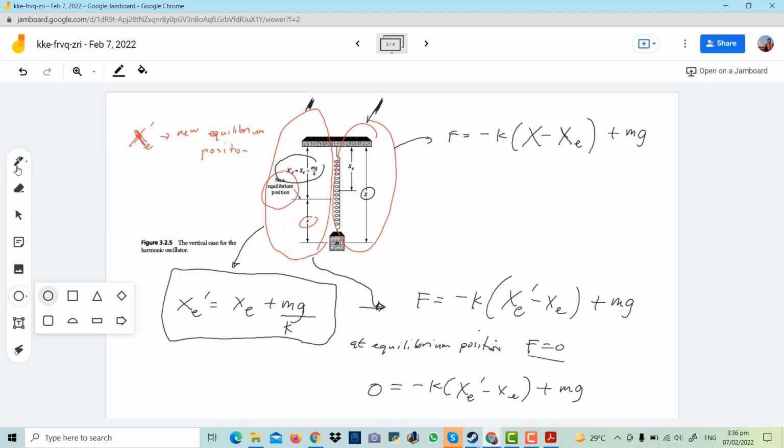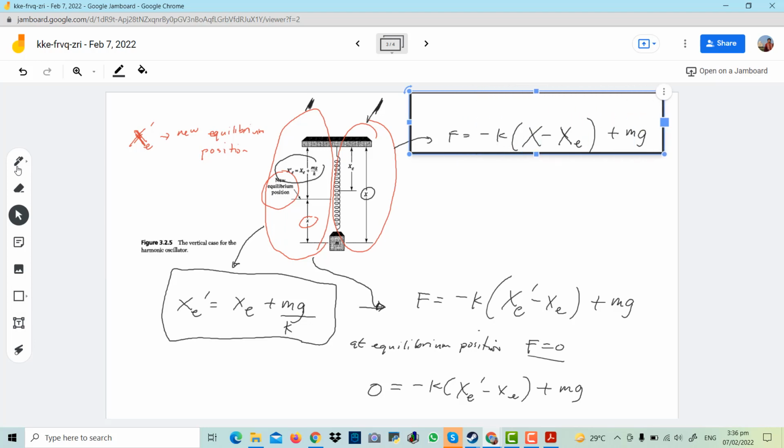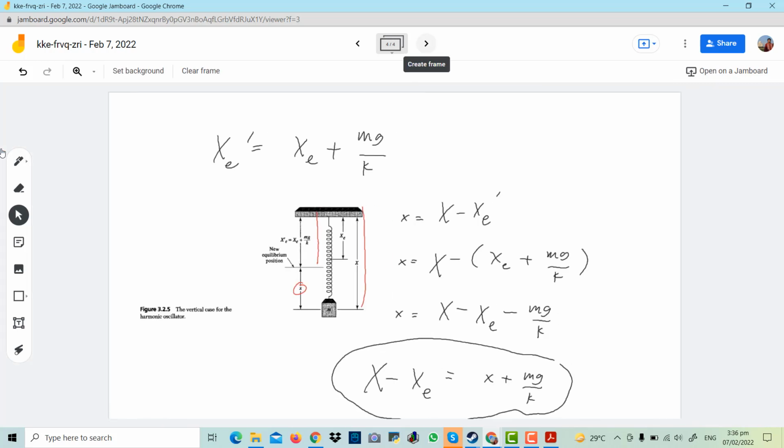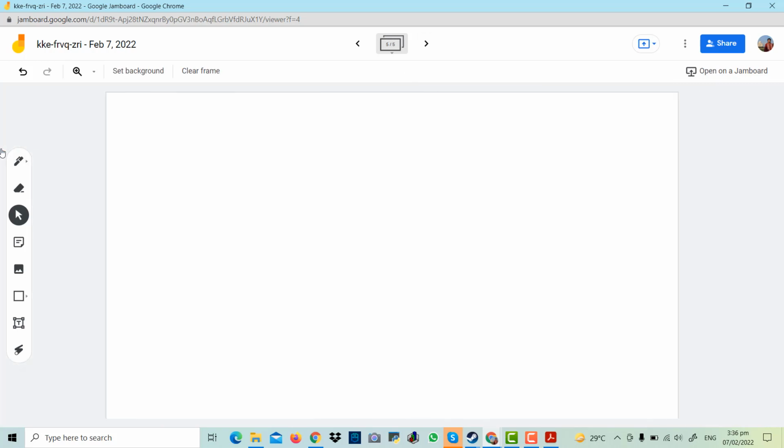And I know that our force is given by this equation here. If you substitute the x minus x e here, you will then get the force.